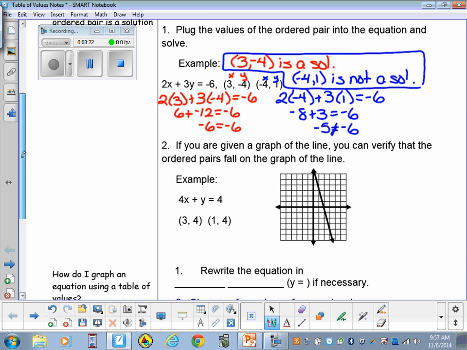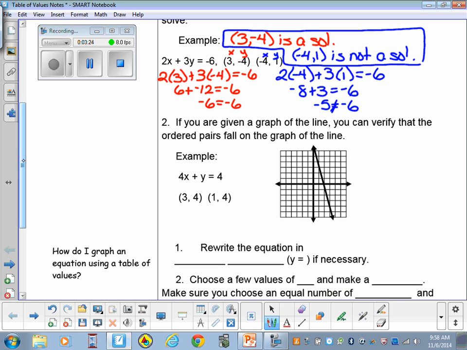Alrighty. Sometimes they give you the graph and they ask you, are these ordered pairs a solution? So plot the points on the graph. (3, 4). 1, 2, 3, 1, 2, 3, 4. What do you think? No. Not a solution.